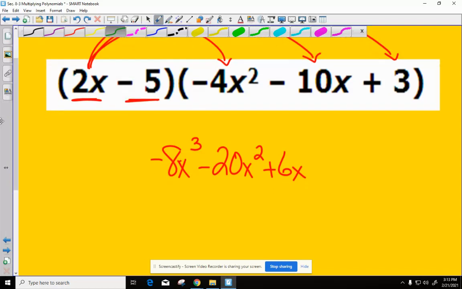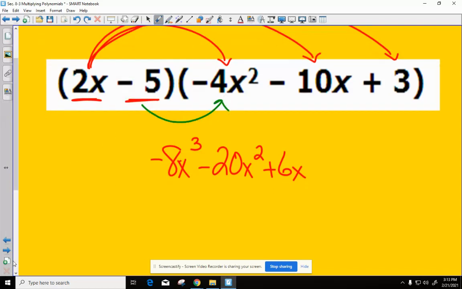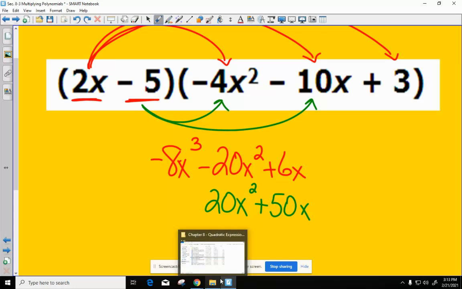So here comes the second half. Now be careful because it's that negative 5. So negative 5 and negative 4 would be positive 20x squared. And again, I'm going to write it underneath there because they are the like terms. Next, negative 5 and negative 10, that is positive 50x.